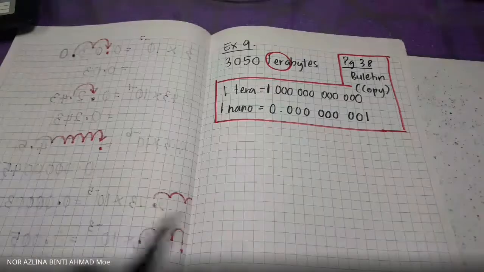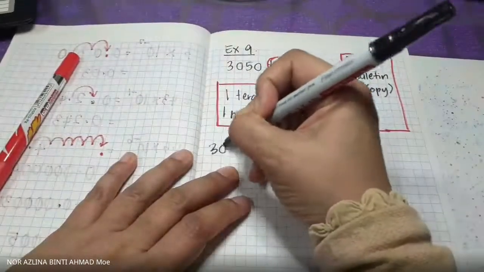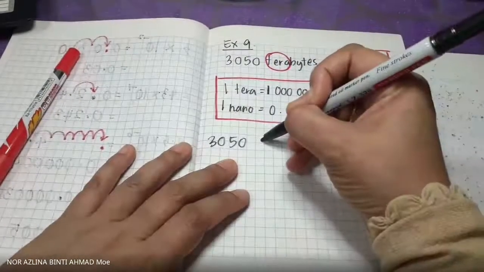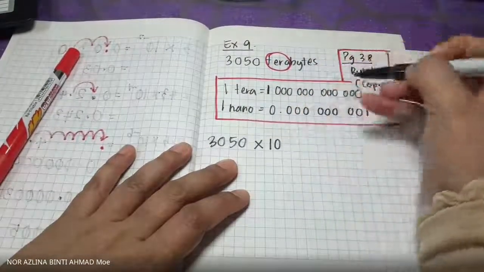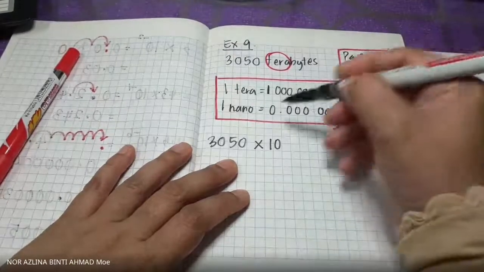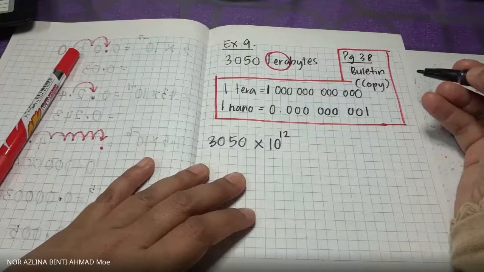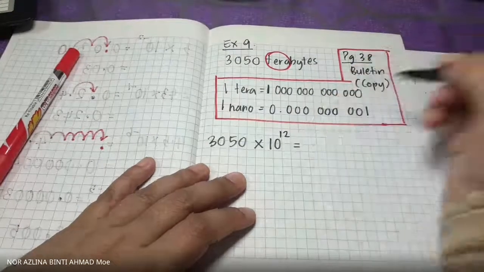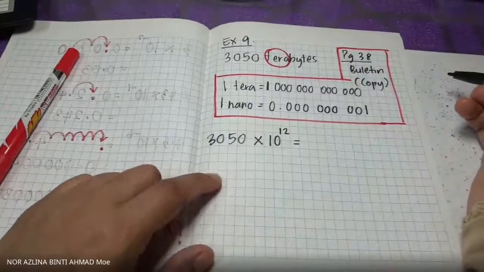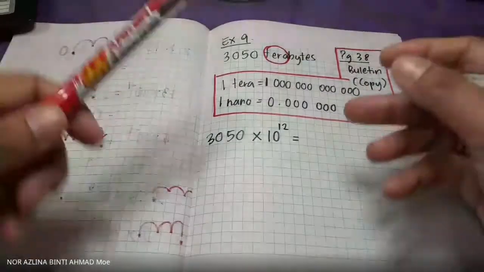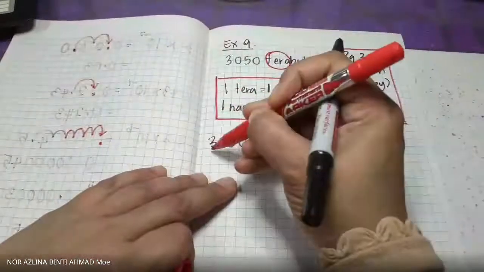So the question asks you 3050 terabyte. So tera means multiply 10 to the power of how many zeros just now? 12. So multiply 10 to the power of 12. Now we want it in standard form. So if standard form, we just take one digit only, 3.